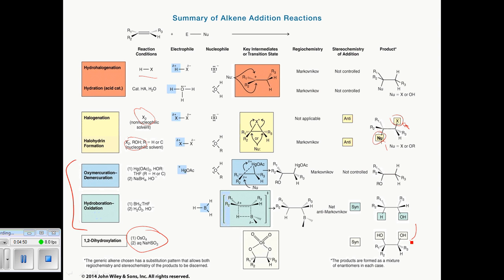You're going to get two alcohols on either side of the double bond, and they're going to be in what's called a syn addition, which means that they add on the same side. So again, take a look at these different reactions, understand the different nuances, and it'll be easier for you to know the mechanism and predict the products in the future.